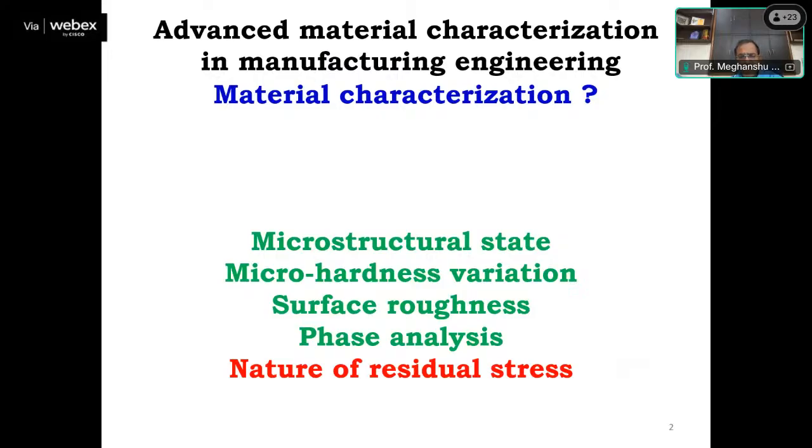Intentionally, I have kept this nature of residual stress in red color font because among all these five elements, the nature of residual stress is very, very important. So, we have to assess the residual stress critically because it is nowadays very much important.